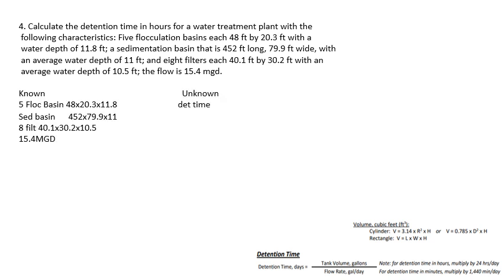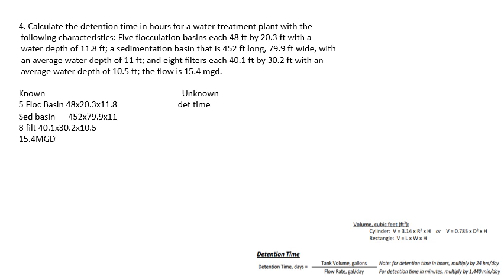So now we're going to pull our knowns and unknowns out of the word problem. So you have your 5 flock basins and their dimensions, your sedimentation basin and its dimensions, plus now we have 8 filters with their dimensions, and a flow rate of 15.4 million gallons a day. Unknown is the detention time.